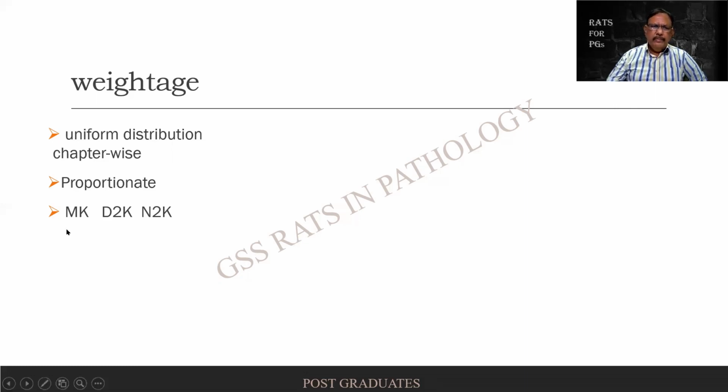For example, myocardial infarction. It is a must know question for me. Spread of tumors, must know. Desirable to know, effects in phagocytosis. Nice to know, what is the molecular basis of acute tubular necrosis?